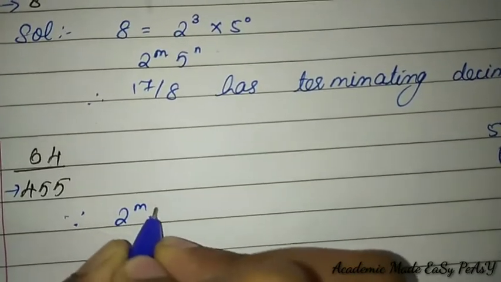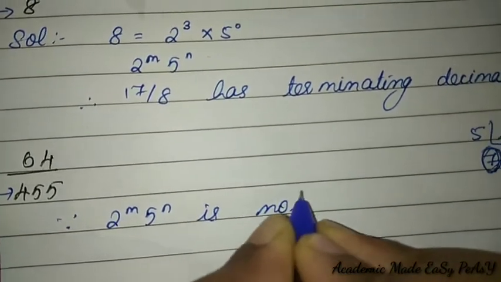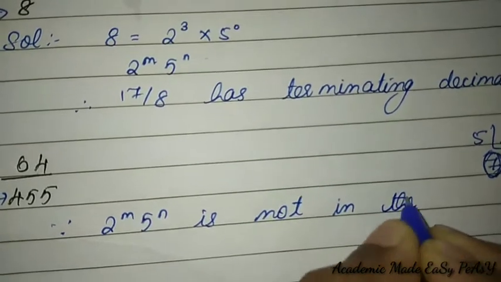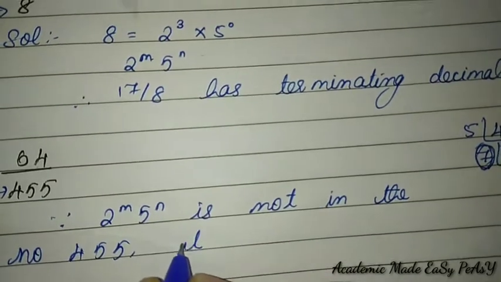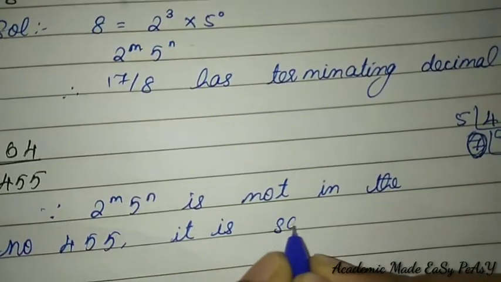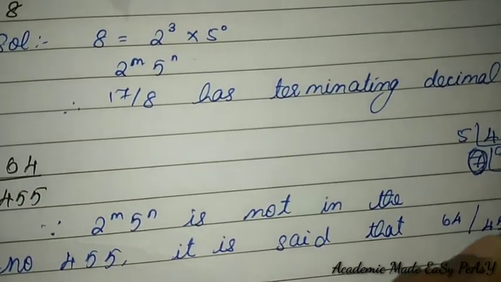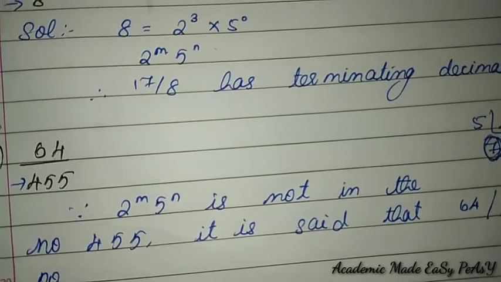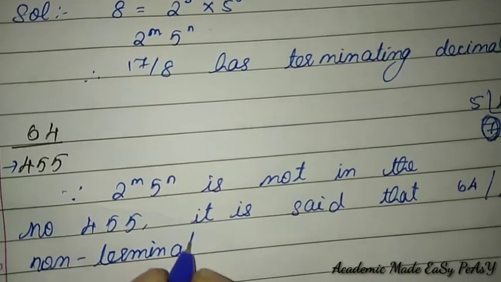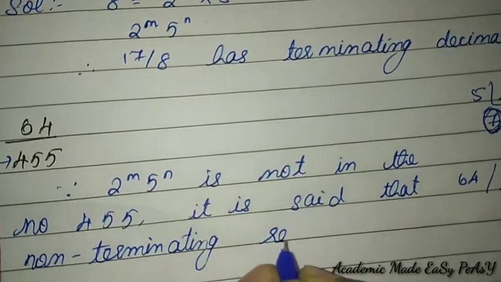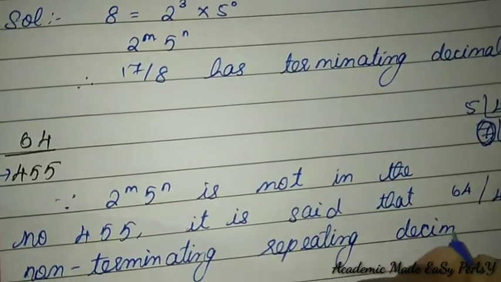Since the form 2 power m and 5 power n is not in the number 455, it is said that 64 by 455 is non-terminating repeating decimal expansion.